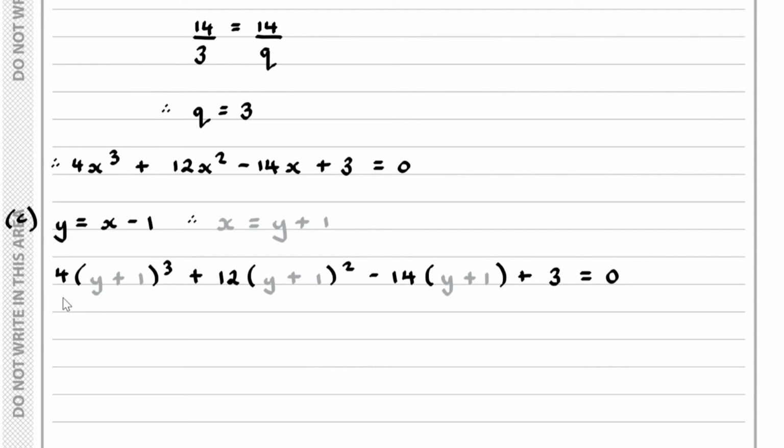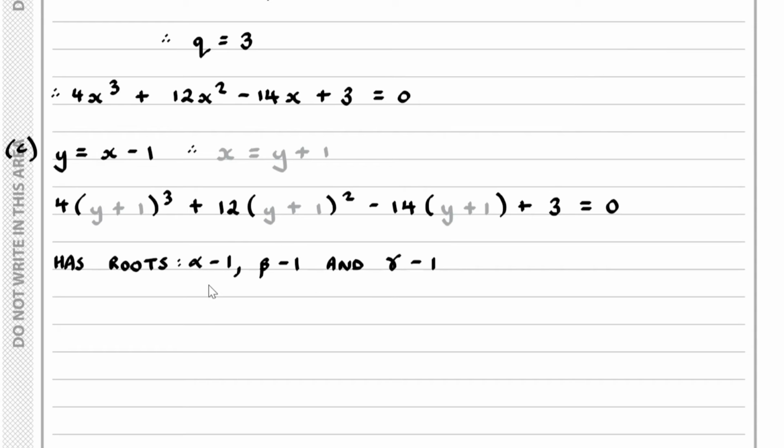And this cubic equation has roots alpha minus 1, beta minus 1, and gamma minus 1. Now, we made the substitution y equals x minus 1 because the roots are of this form here.